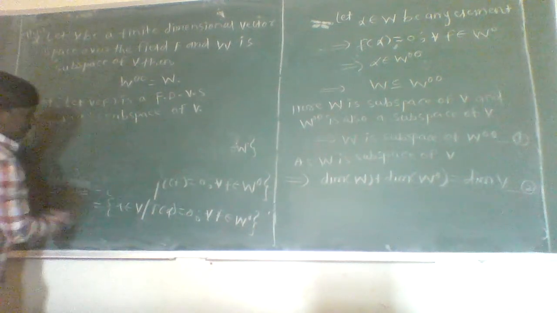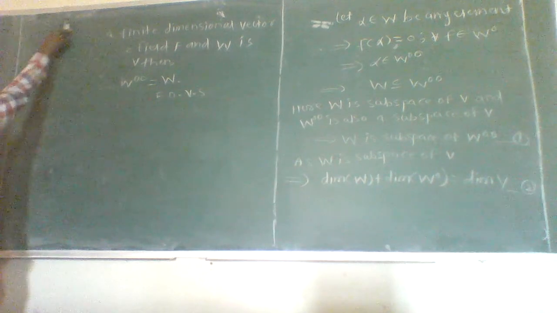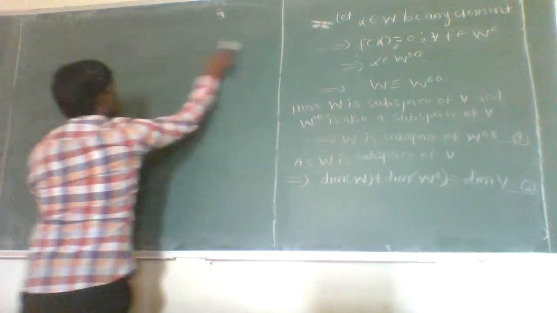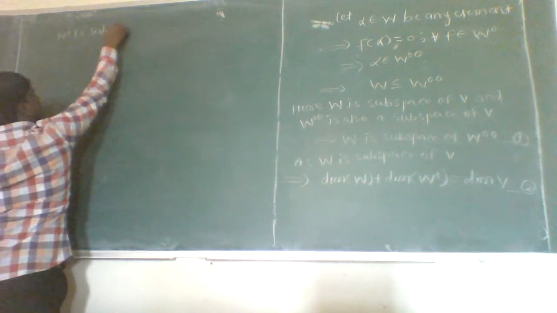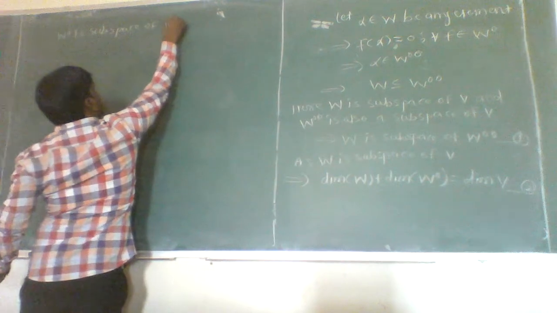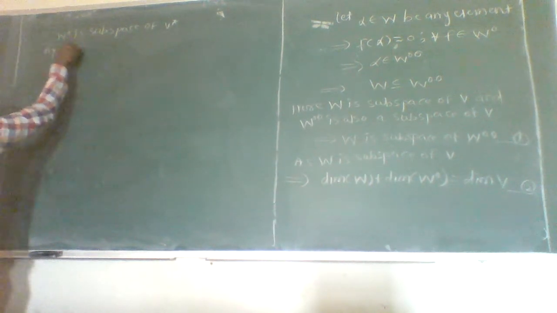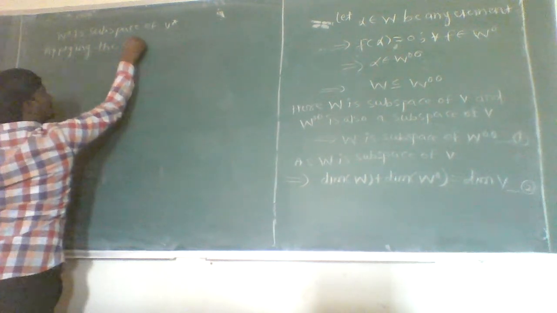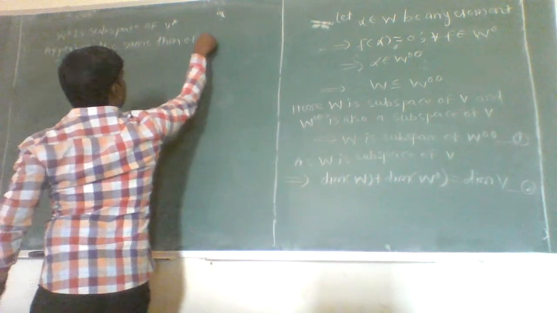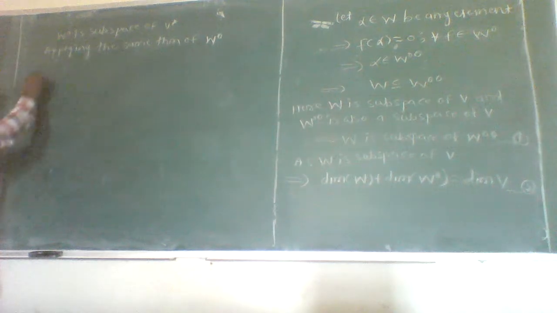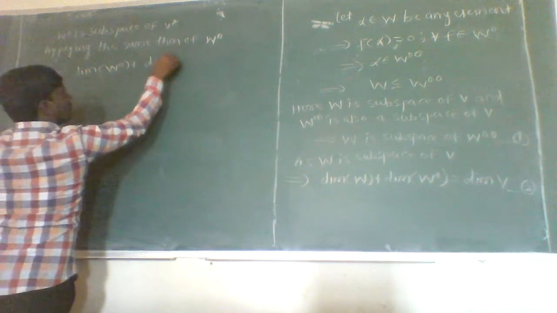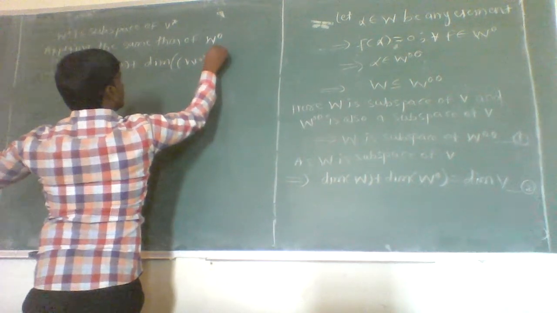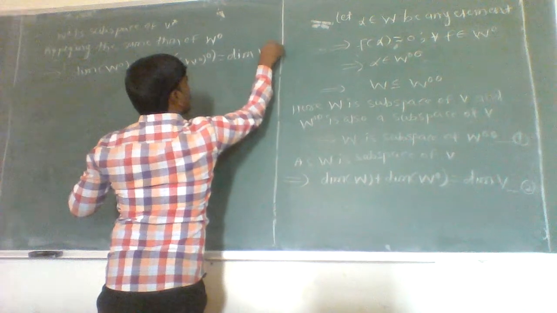Now, applying this same theorem on W annihilator, as we know that W annihilator is a subspace of V star, which implies dimension of W annihilator plus dimension of W annihilator of an annihilator is equal to dimension of vector space V star.